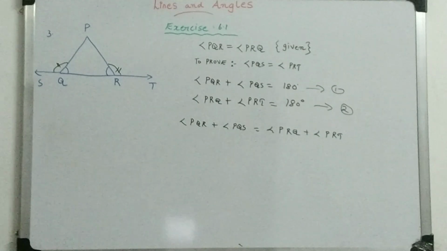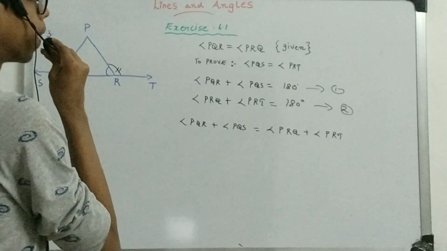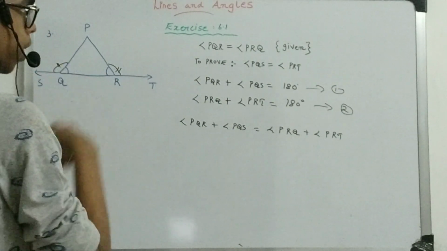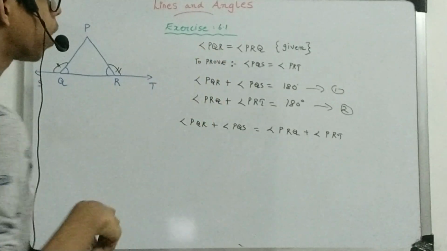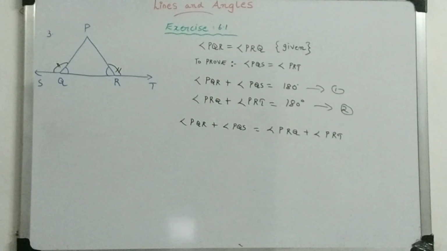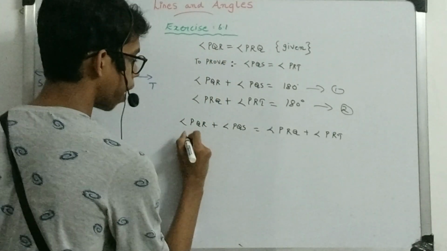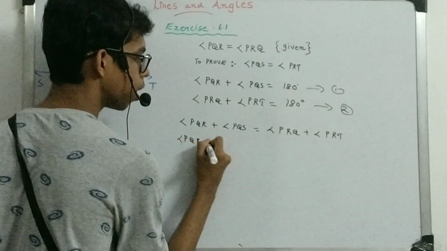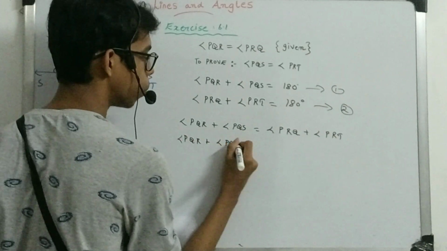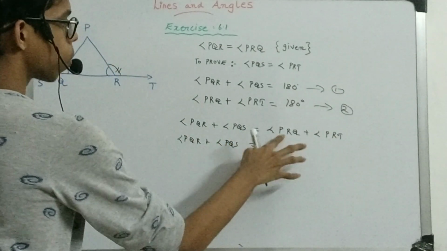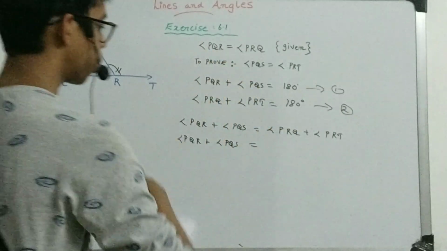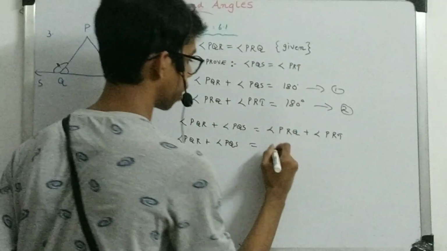I just equated it. Now in our question it was given that angle PQR is equal to angle PRQ. So here I am writing angle PQR plus angle PQS is equal to, now instead of this PRQ, I am writing PQR itself, since both of them are equal.